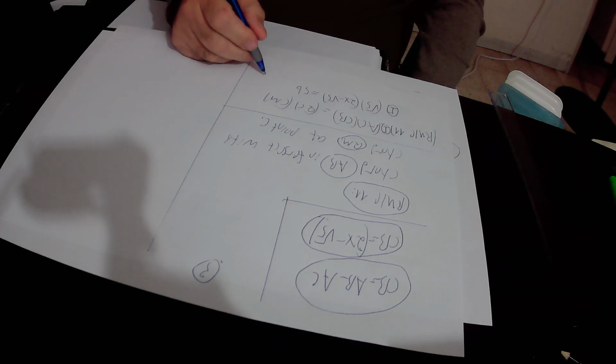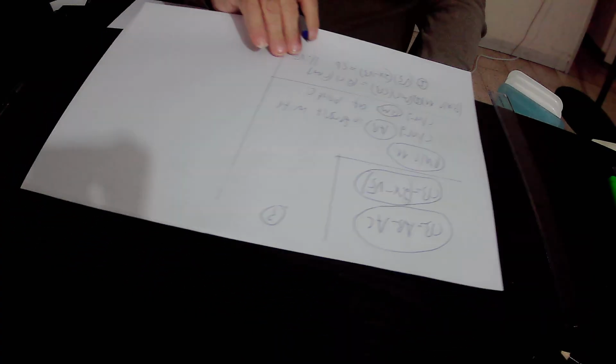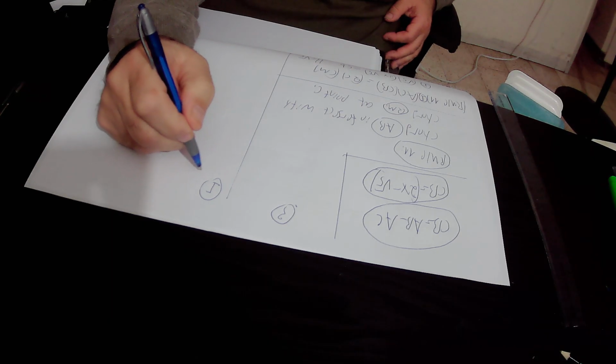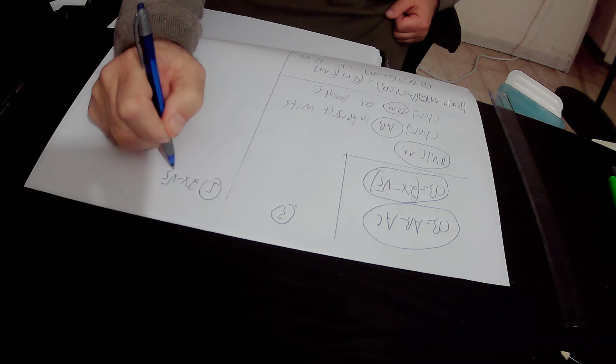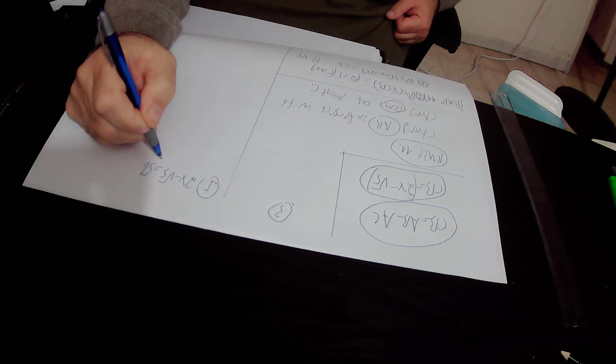Here we'll divide this equation, equation number 1, by square root of 5, and we'll get that, according to equation number 1, 2x minus square root of 5 equals 5b over square root of 5.